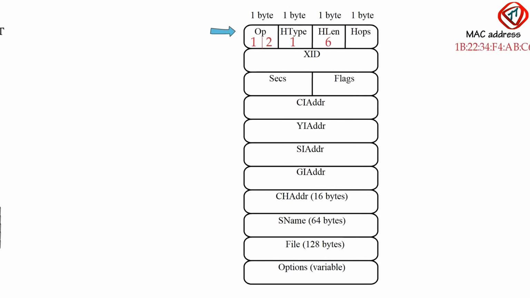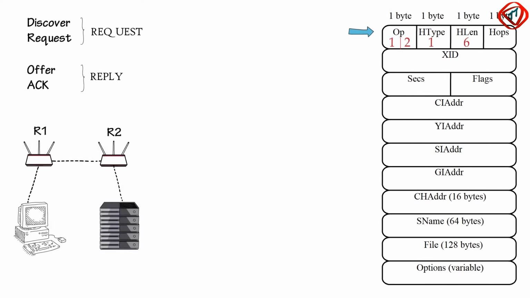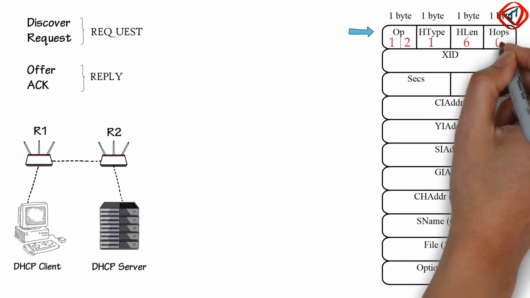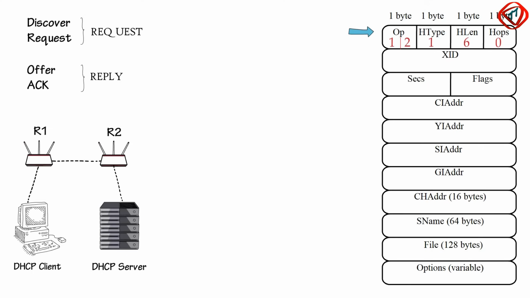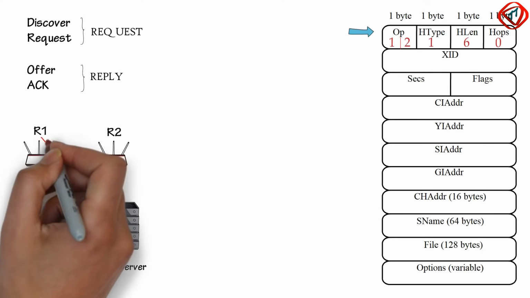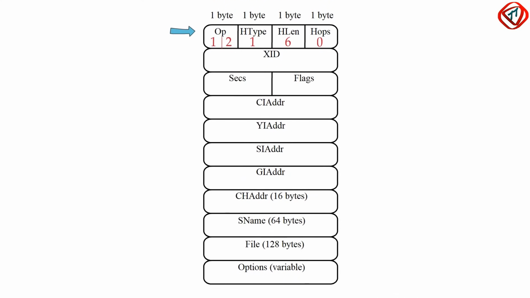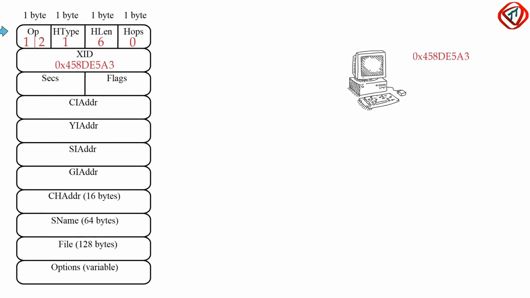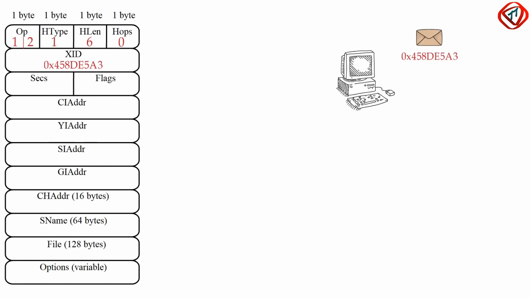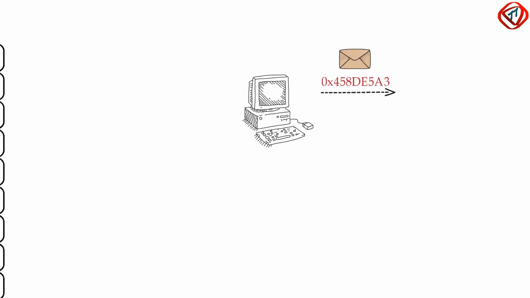Hops specify the number of relay agents or routers through which the message has traveled between the DHCP client and the DHCP server. The DHCP client sets it to 0 before transmission and it is incremented at each relay agent. The transaction ID is a random 32-bit number generated by the DHCP client and is placed in the messages it sends.